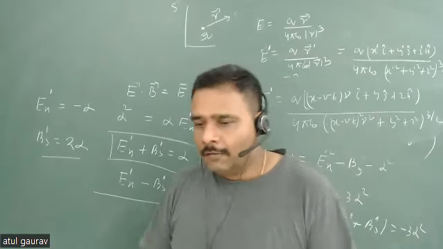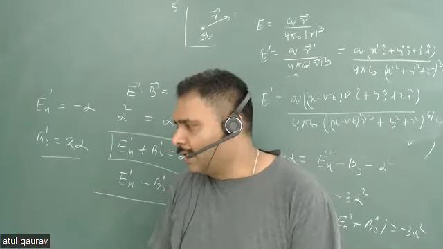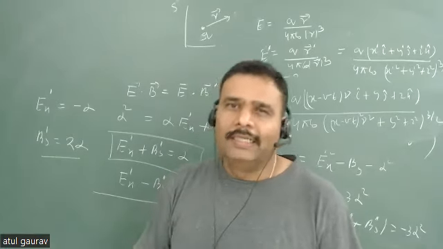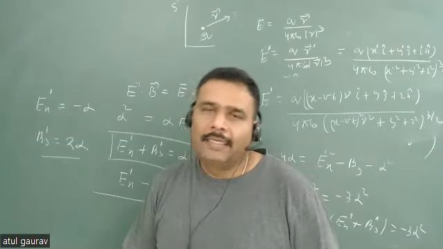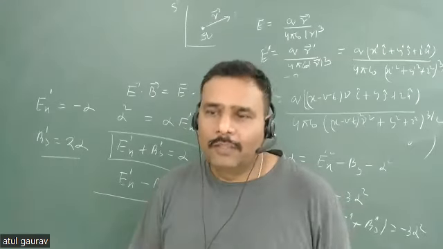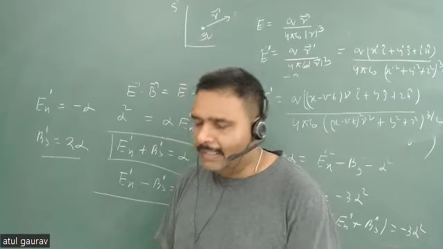So just do it very fundamentally. I will give you some reading material also, so you can read it and have some intuition. Otherwise, this is more than enough for at least your CSIR examination.